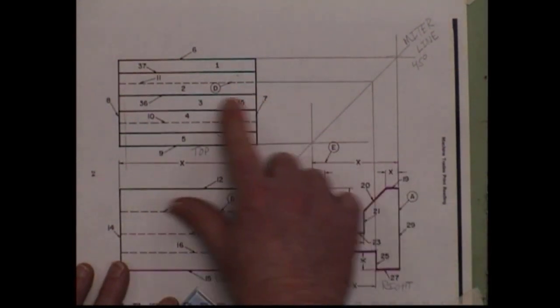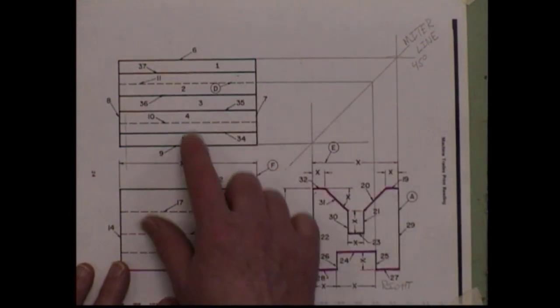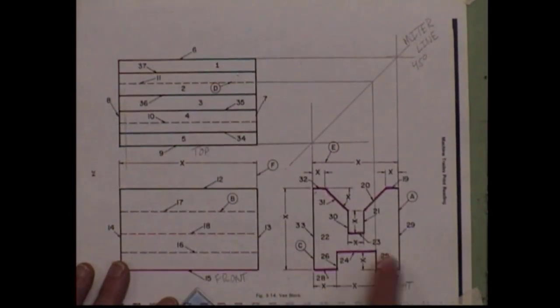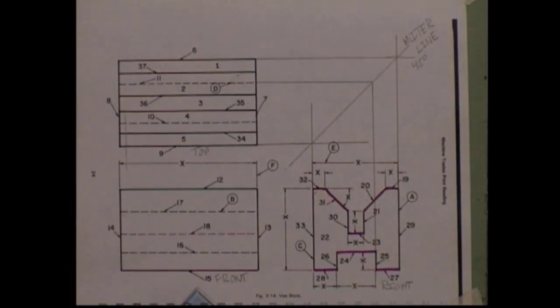Okay? So 5 regular surfaces and 3 hidden surfaces is what we see in that top view. So in your answers, you can put 5 normal surfaces or regular surfaces and 3 hidden.